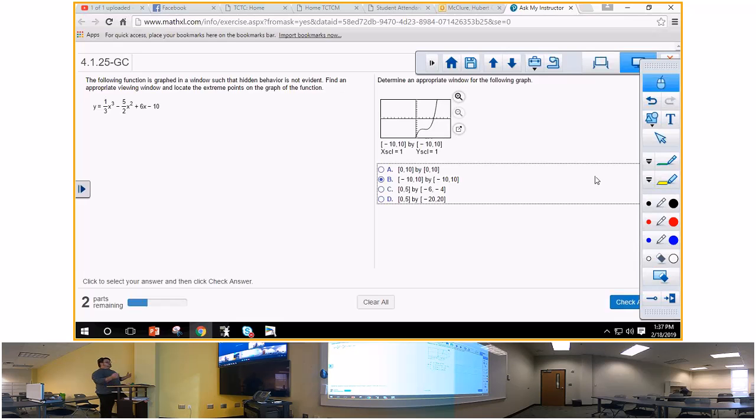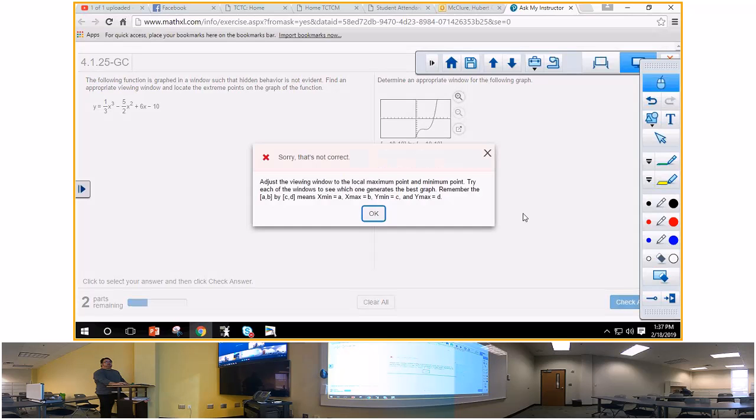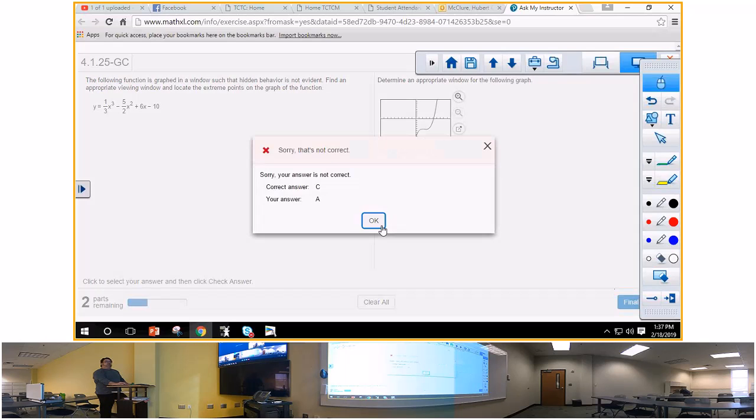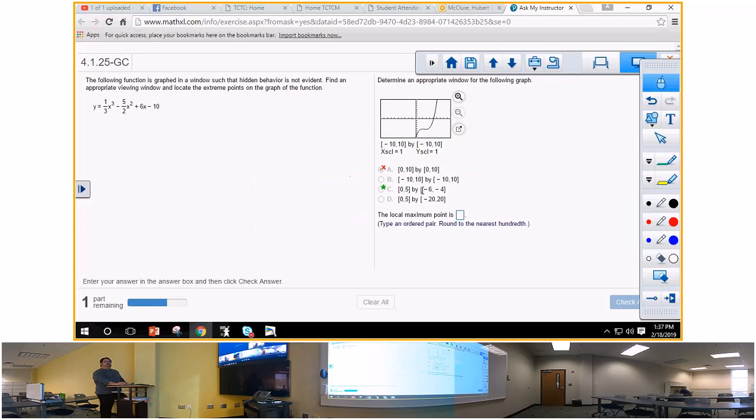But you can use zoom fit, zoom standard, zoom box, or the window to set your parameters for the graph. Oops, it's not right. Then I guess 0. Nope, they say it's C. It's preference, whatever you want to use, but evidently they're using 0, 5 by -6 and 4. I don't agree with that.